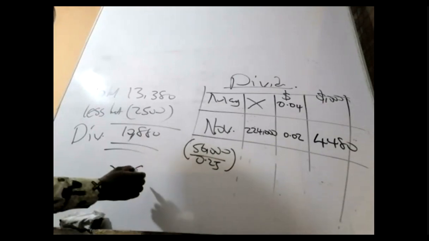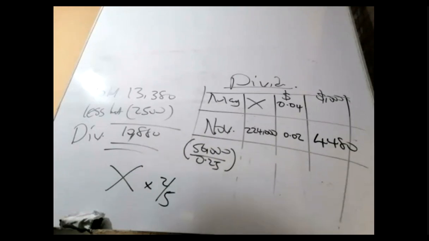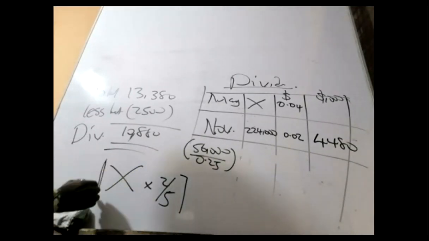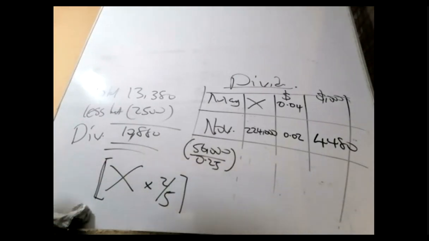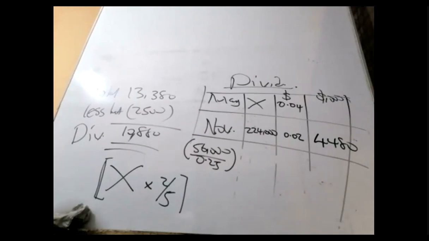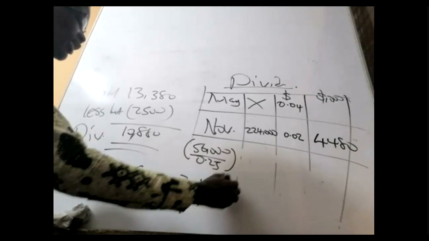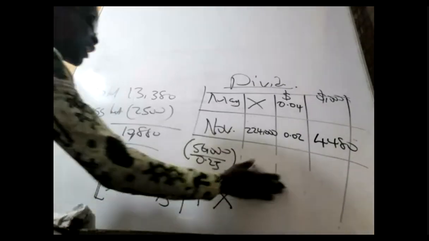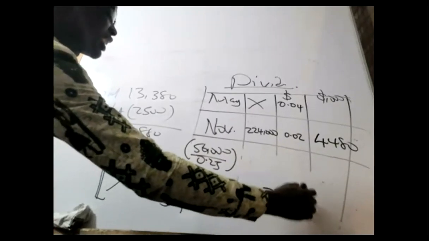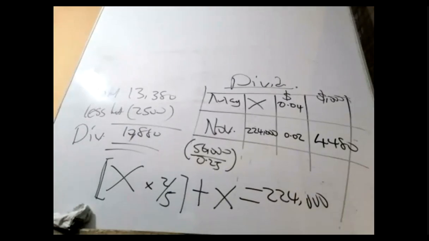So this is times 2 out of 5. This alone will just give us the number of shares that came in through the right issue. Now, plus the existing shares gives us 224,000 shares. Find X. Start quickly, mathematicians.